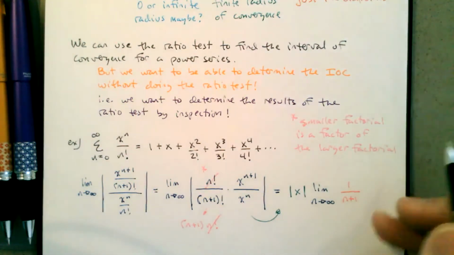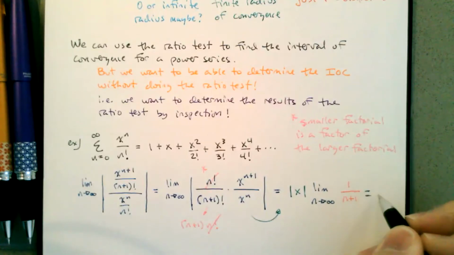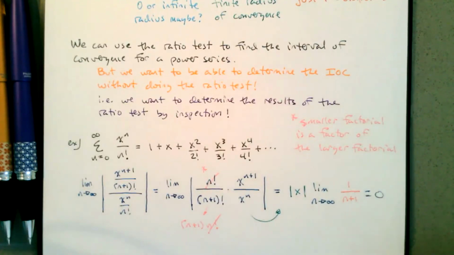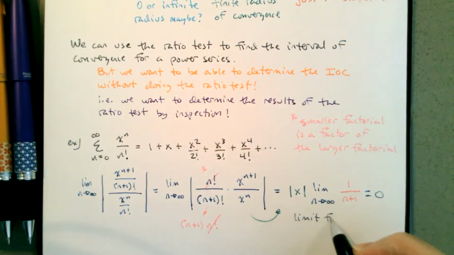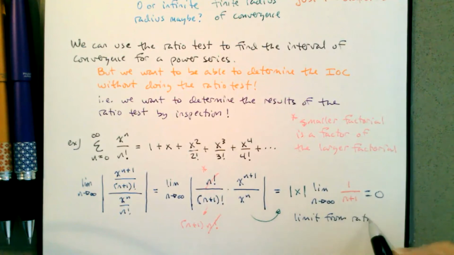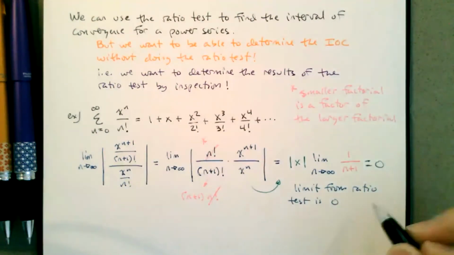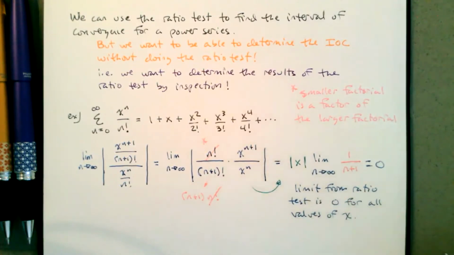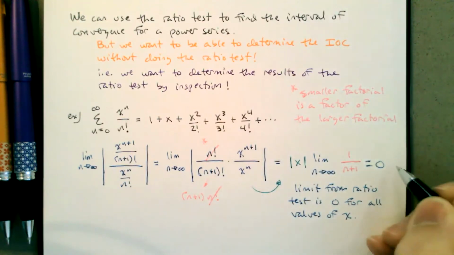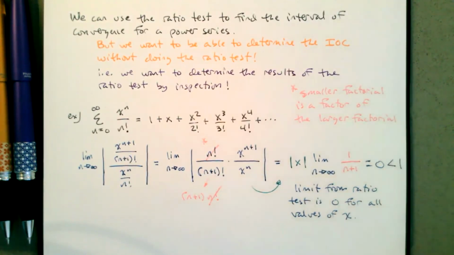So the limit from the ratio test is equal to 0. The thinking is the limit from the ratio test is 0 for any value of x. And 0 is less than 1, because that's the comparison that we want to make in the ratio test.